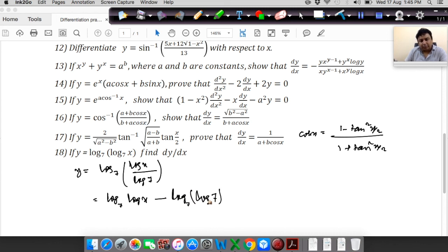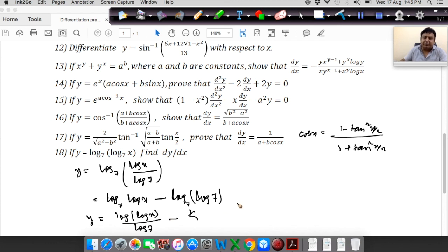Now I don't have to worry about this part because log 7 is a constant. So log of base 7 log 7 is fully a constant. Only this part I have to further apply the formula. So that's log of log x upon log 7 minus, now this whole thing is a constant. So writing it as k, or you can write the whole thing as it is, but its differentiation will go.